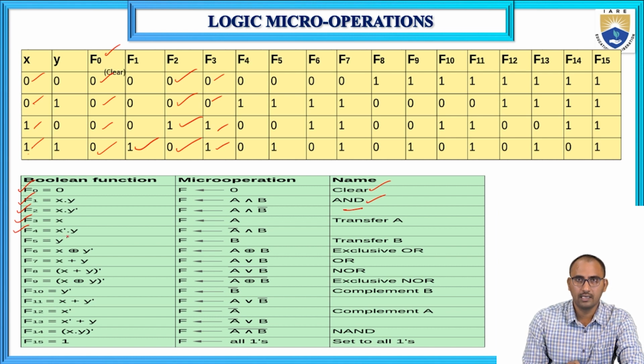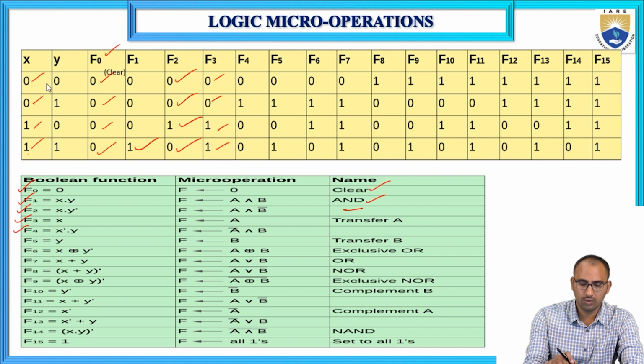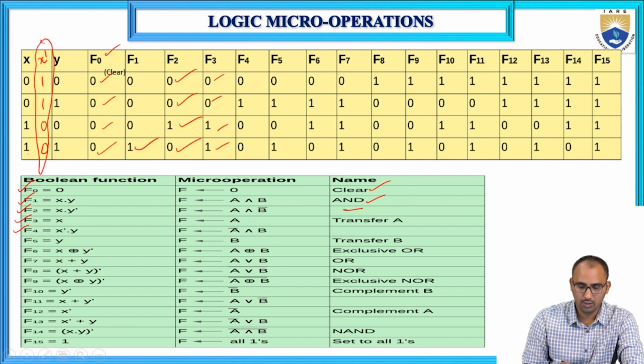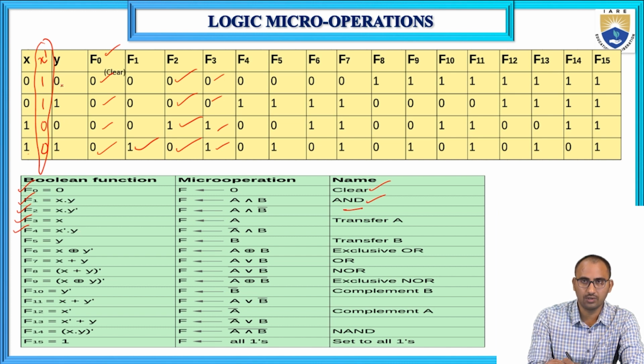Next F4. F4 is x bar into y. Already we have seen x, so here the x values are there. What are the x bar values? 0 becomes 1, 0 becomes 1, 1 becomes 0, 1 becomes 0. So these are all the x bar. Then x bar into y; already the y values are there.